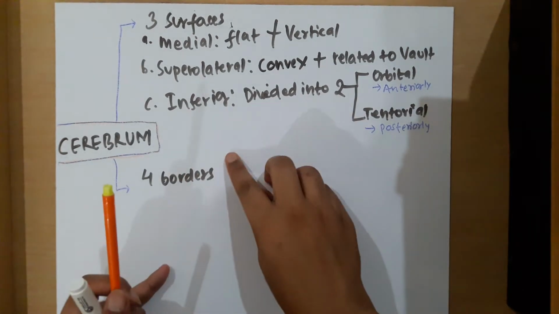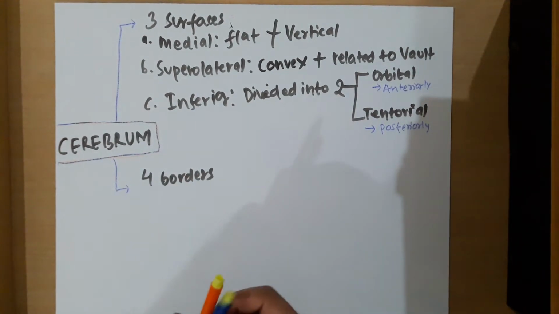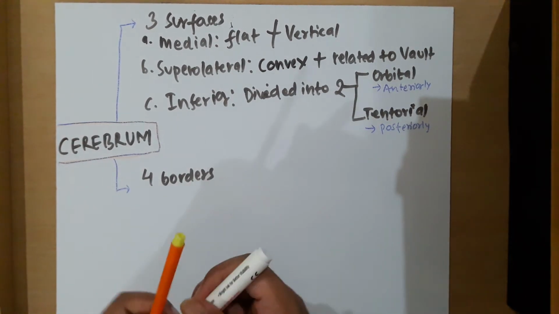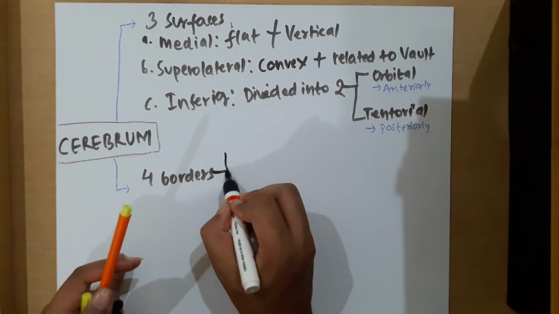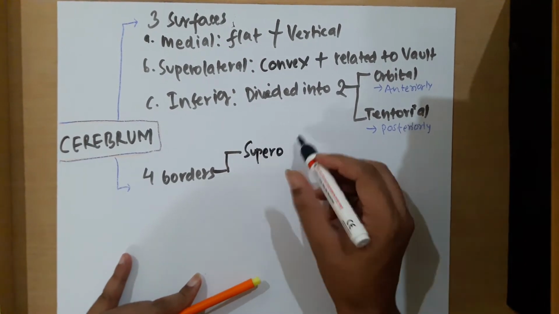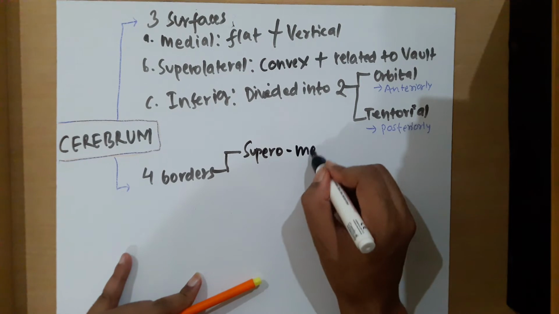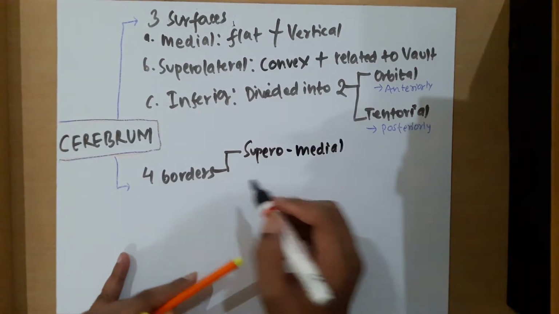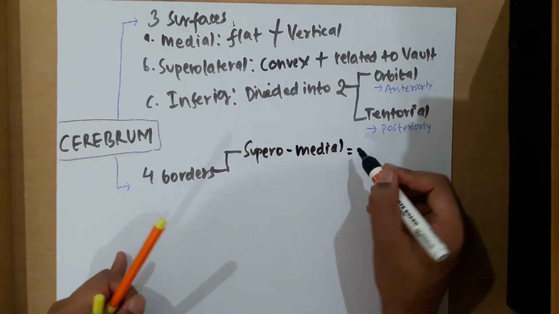So now talking about the four borders. The first border is superomedial.